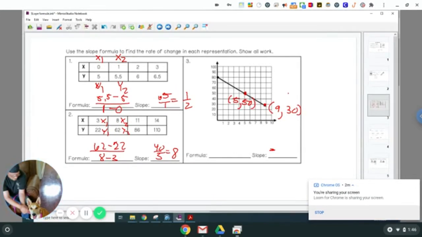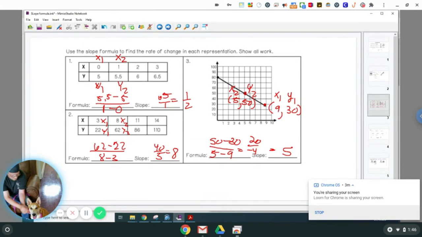So we can make this x1, y1, and then this will be x2, y2. So you will do 50 minus 30, which is 20, over 5 minus 9, which is negative 4. 20 divided by negative 4 is negative 5. So your slope is negative 5.